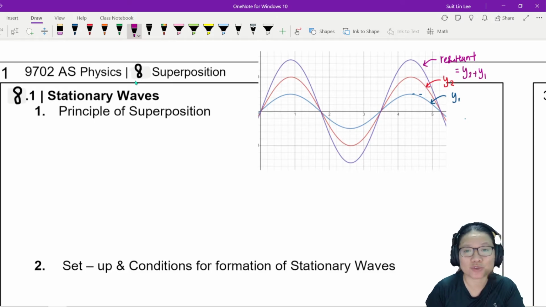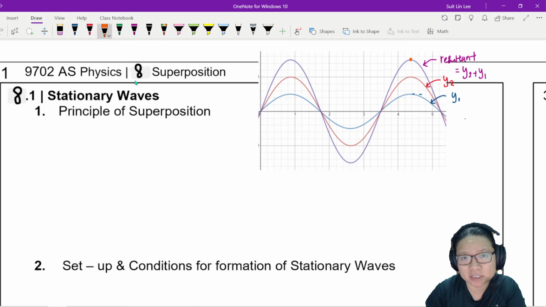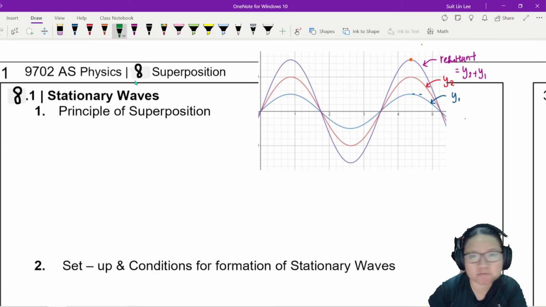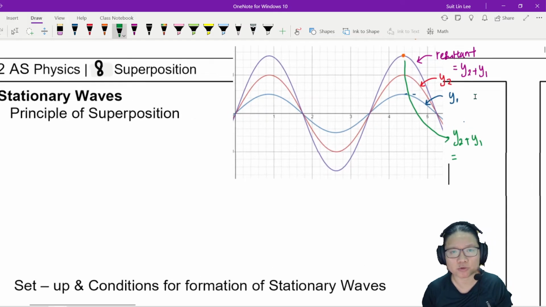Okay, so which means if I want to find the resultant, let's say at this point, this resultant at this peak here would be, so let's check out Y2. Maybe I'll just draw an arrow here because I need some space. So the Y2 plus Y1 here will be equal to, so Y2 is this peak, I'll zoom in a bit.